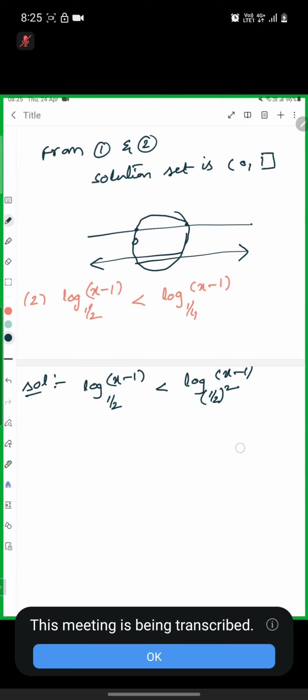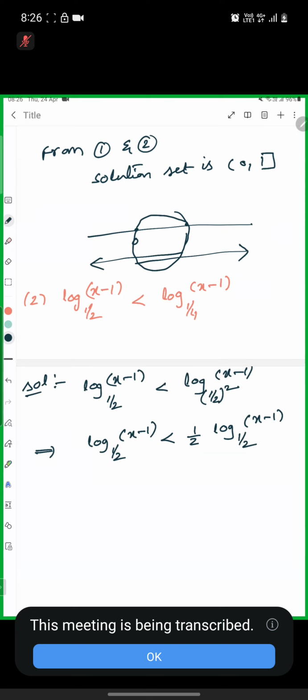So using that, what we have is log of x minus 1 to the base 1 by 2 is less than 1 by 2 into log of x minus 1 to the base 1 by 2.